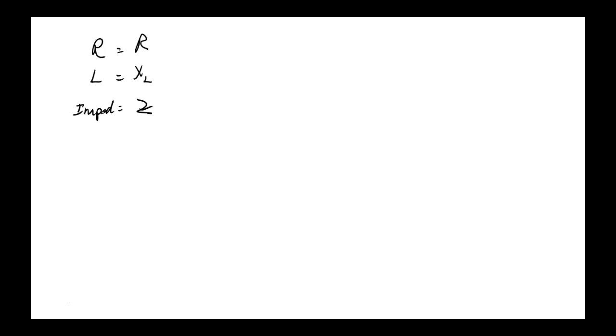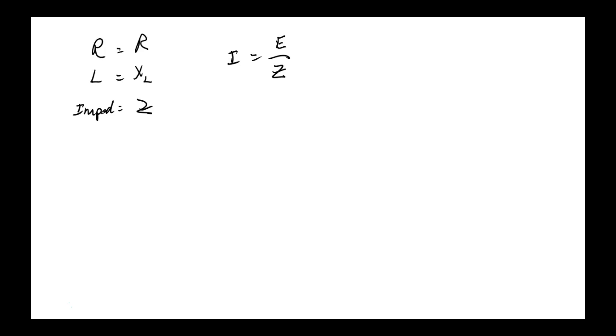Our new formula in AC circuits for current is really E over Z. If all you have in your circuit is resistors, it's just R. If all you have is inductors, it's just X sub L. But if you have both inductors and resistors, and later capacitors, if we get that far, then it's going to be Z.